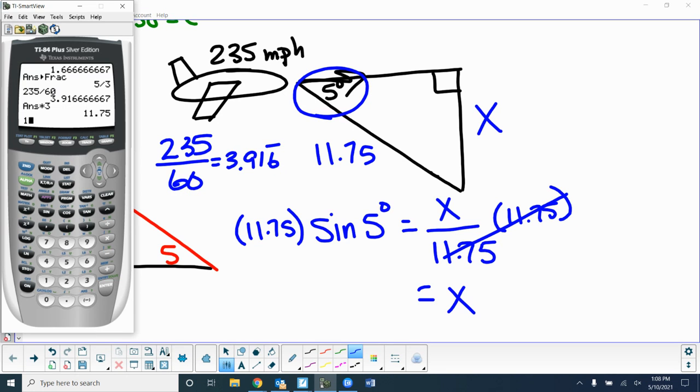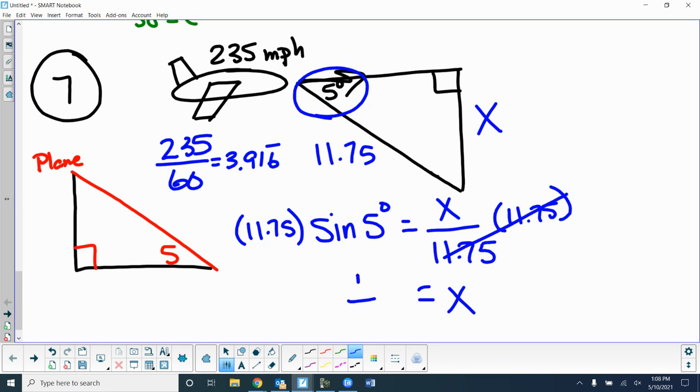So 11.75 times sine of 5. That's 1.02, so 1.0 to the nearest tenth, right? Wow. 1.0. Is that one of my choices? Yeah.